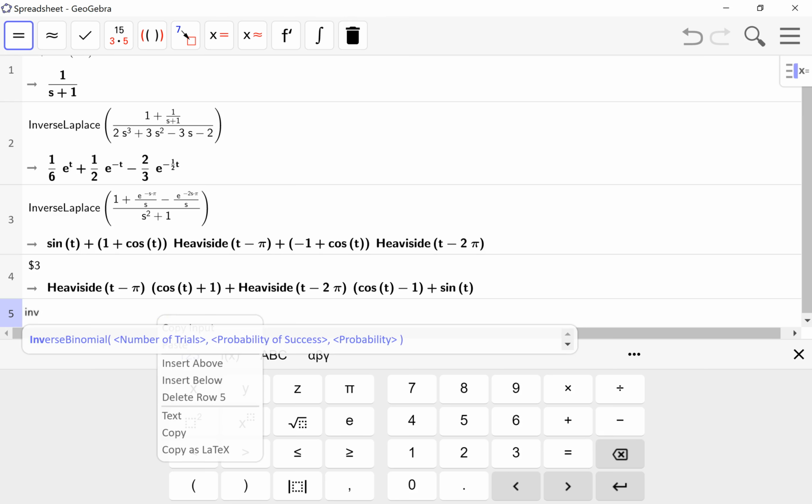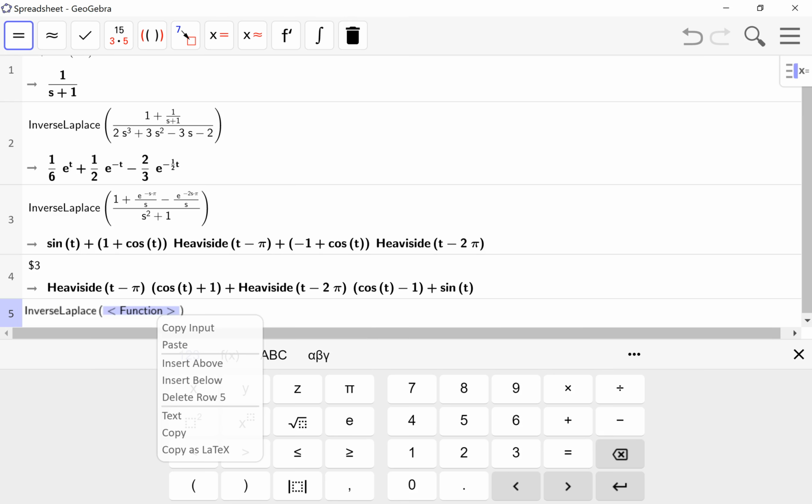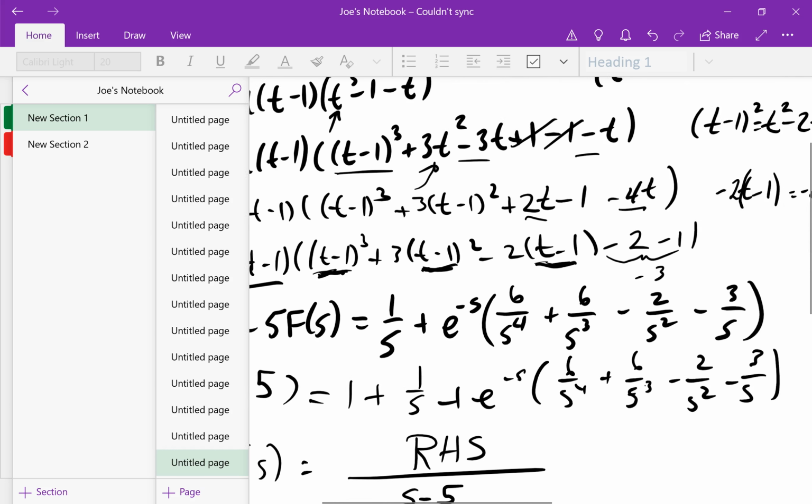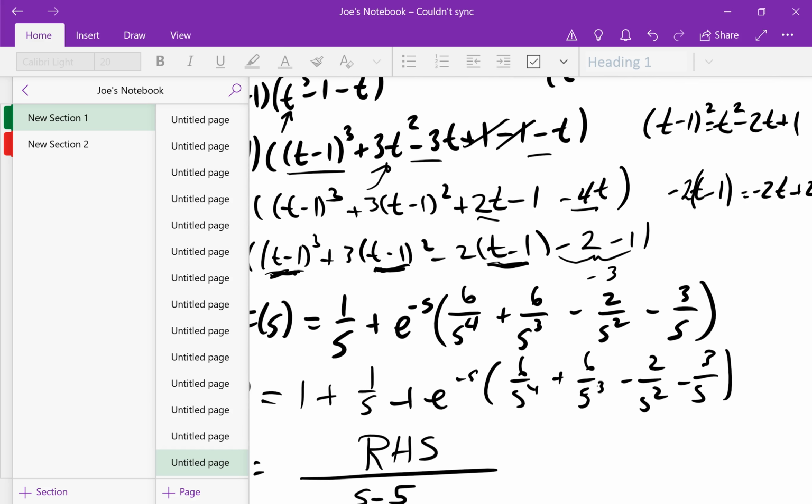Inverse Laplace. It was 1 plus 1 over s plus e to the negative s times 6 over s to the 4th. I'm going to go back and just check my signs. 6 over s cubed.